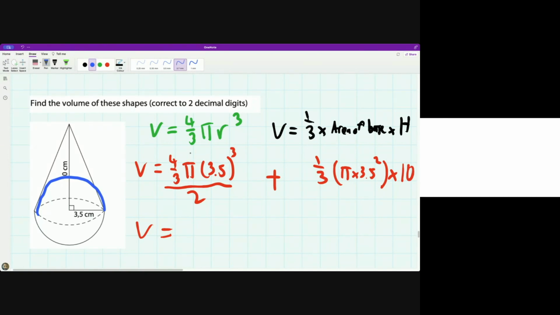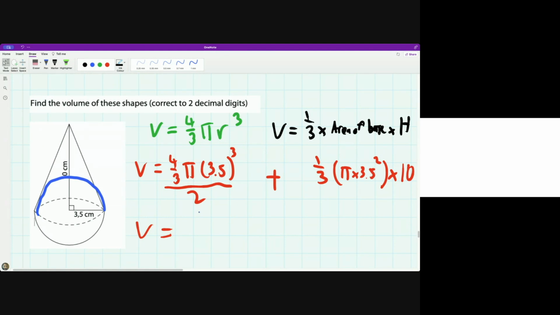Okay. So what is my final volume going to be? It's going to be 4 over 3 times pi times 3.5 cubed, and then I'm going to divide that. Oh, wait, what am I getting? What are you guys getting?